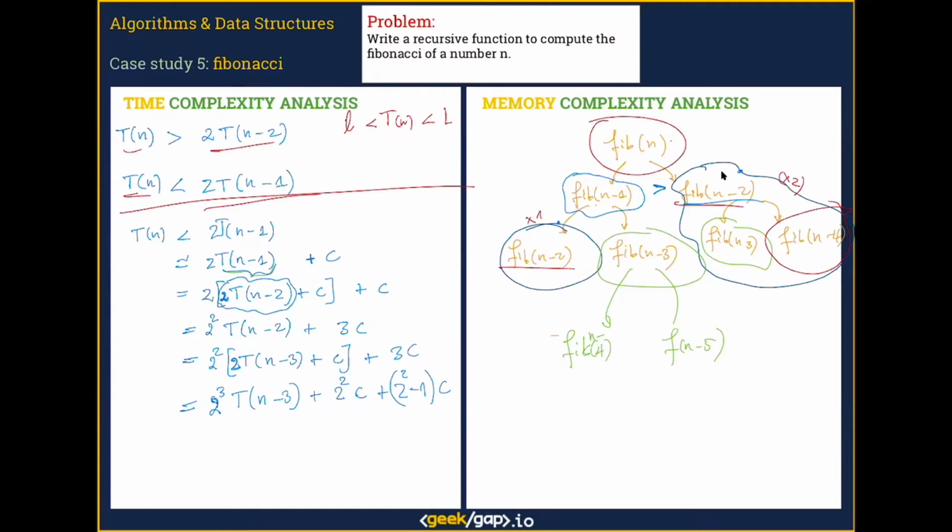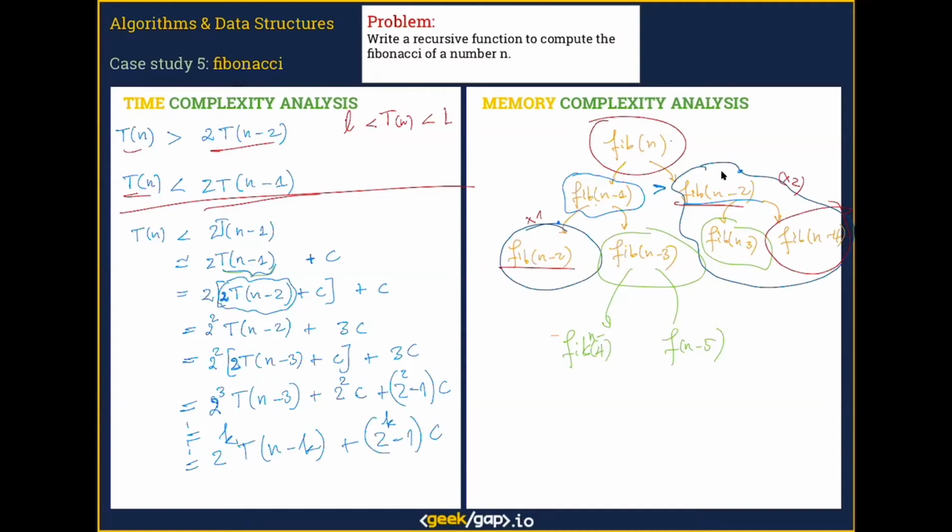I'm going to ignore those factors because really we care just about the biggest factor anyway. So it's going to be this, and so on and so forth. If I keep doing that, at some point we're going to have 2 to the power of k T of n minus k plus, let's say, just use c. I'm not sure if I had the math exactly right, but it's something like this.